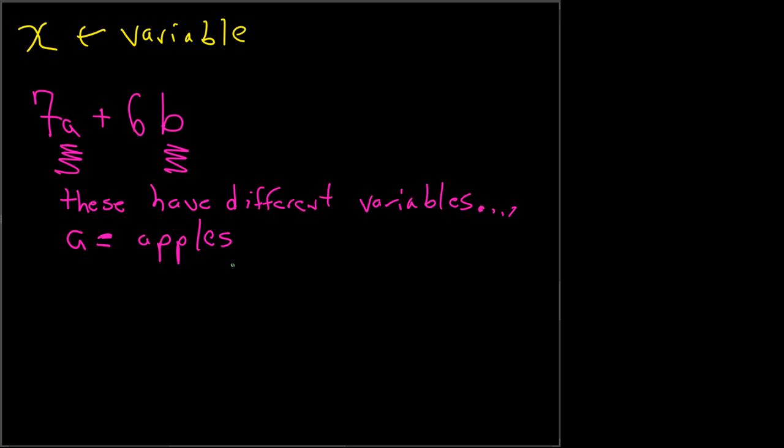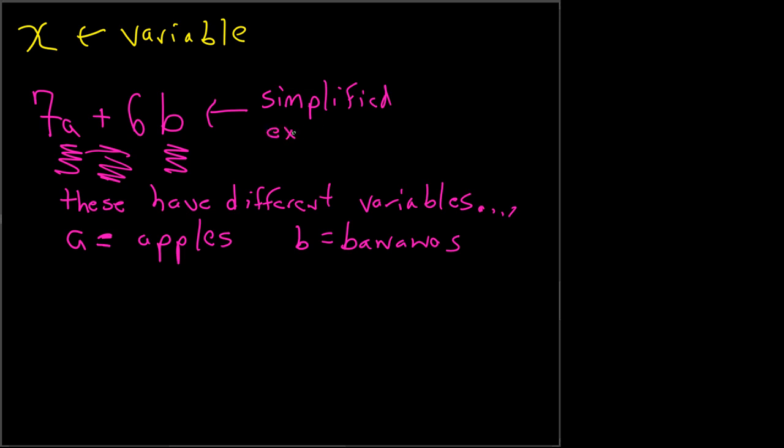I'm going to use words that have the same first letter, so b is bananas. Well, if I have 7 apples plus 6 bananas, that's the best I can do. I can't combine them together. I might say I have 13 pieces of fruit, but that's not what the variables are saying. They're saying apples and bananas. So I can't do anything with these differently named variables. This is a simple or simplified expression.